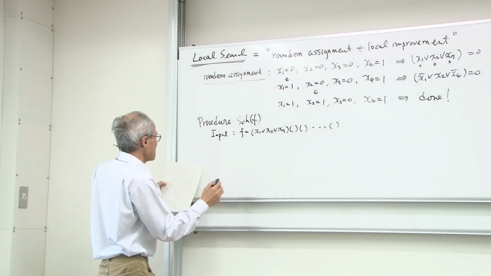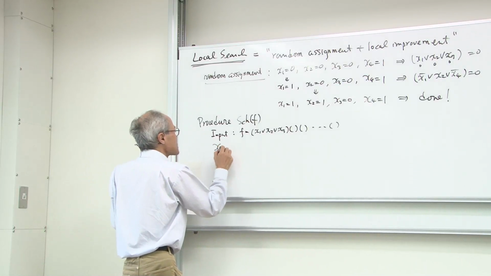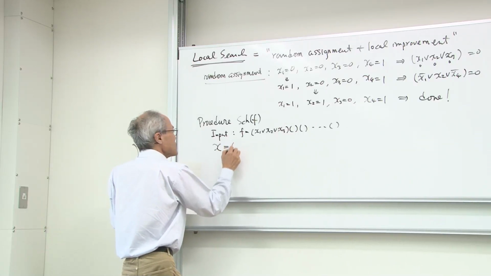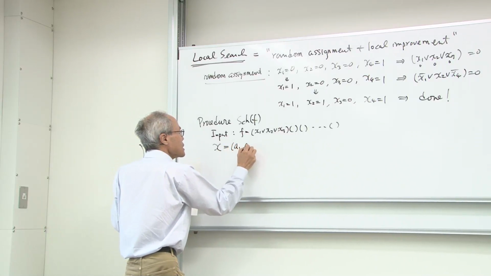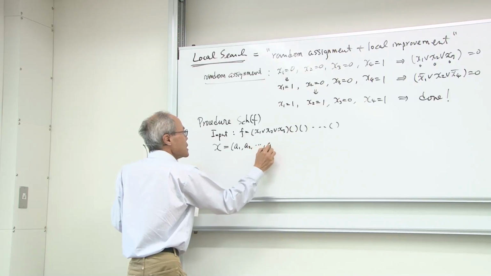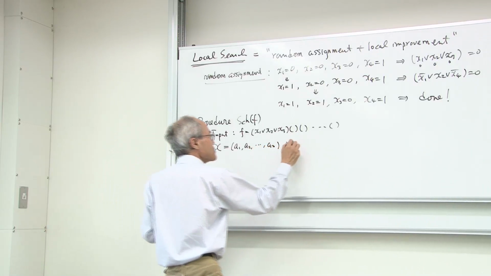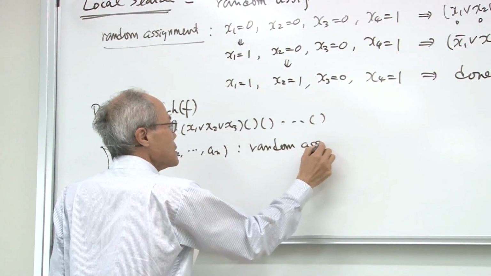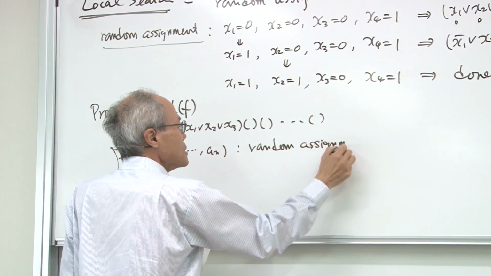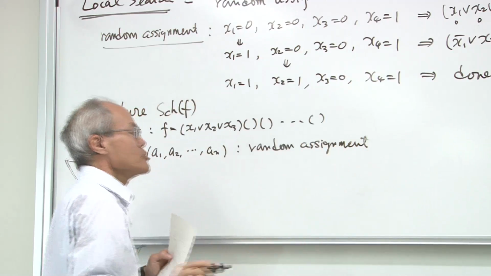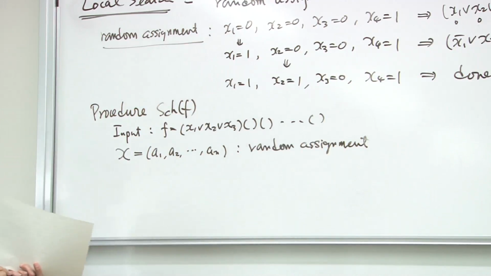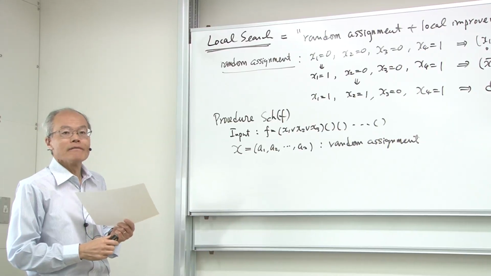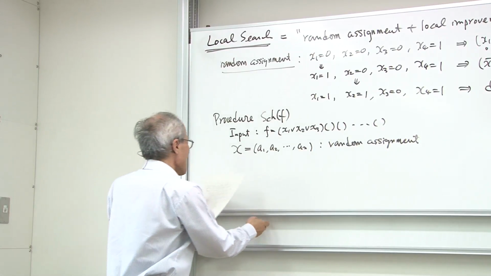Now, the first step is x equal to a1, a2, ..., an. This is a random assignment. You choose a random assignment for the value of x.